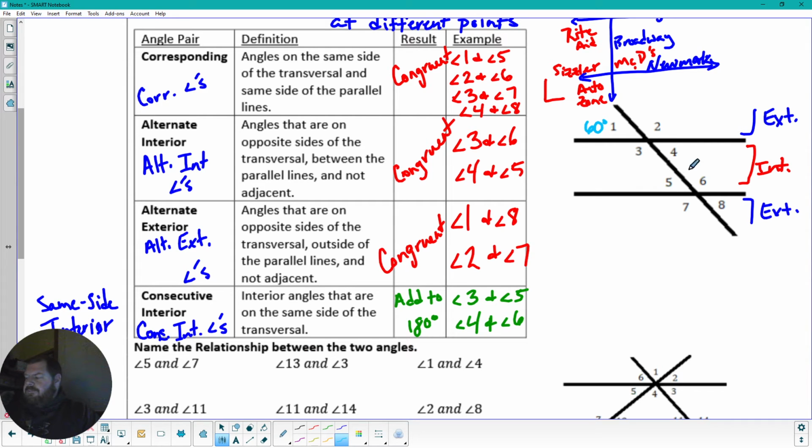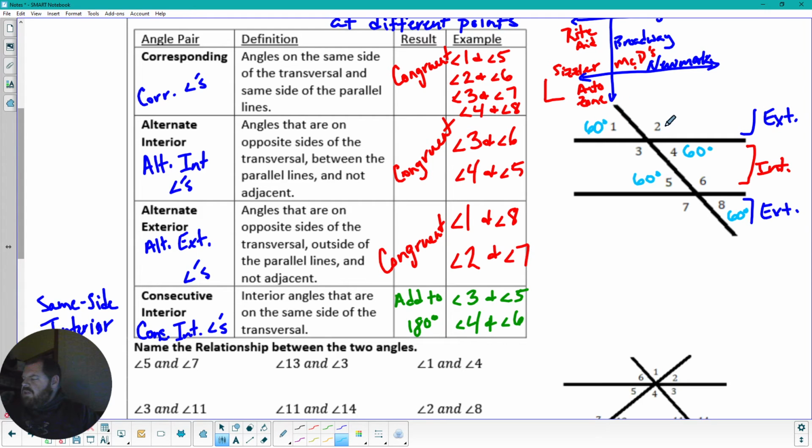Well, we've said angle 5 is the same as angle 1. We've said angle 8 is the same as angle 1. And we probably have something a little bit older to say that angle 4 is the same as angle 1. That would be vertical angles. Angle 1 and 4 are vertical angles. But you could also use alternate interior to 5. There's a bunch of different reasons. Okay, so I have a bunch of 60-degree angles out there.